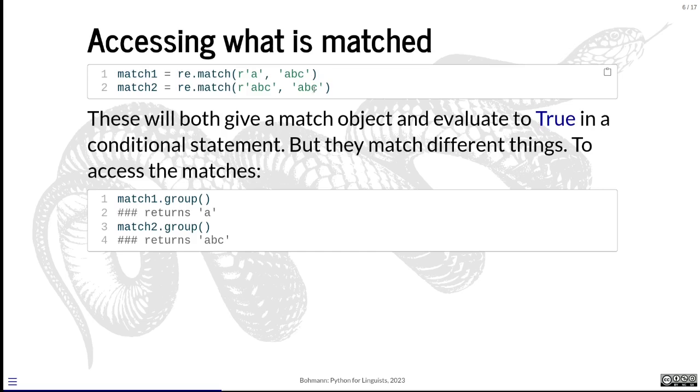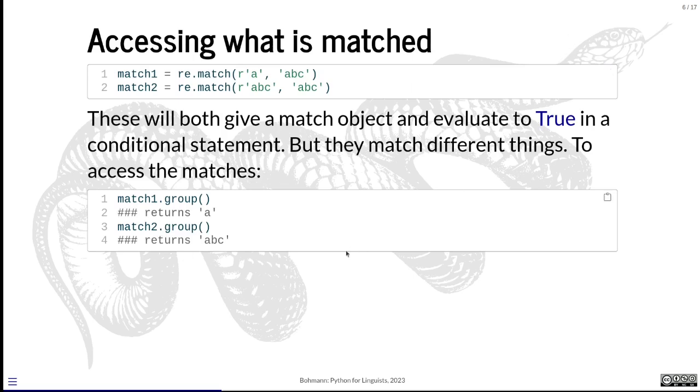Both of these will return a match object and evaluate to true if we just use them for filtering, but they're going to return different matches. So match1.group returns A, and match2.group returns ABC.